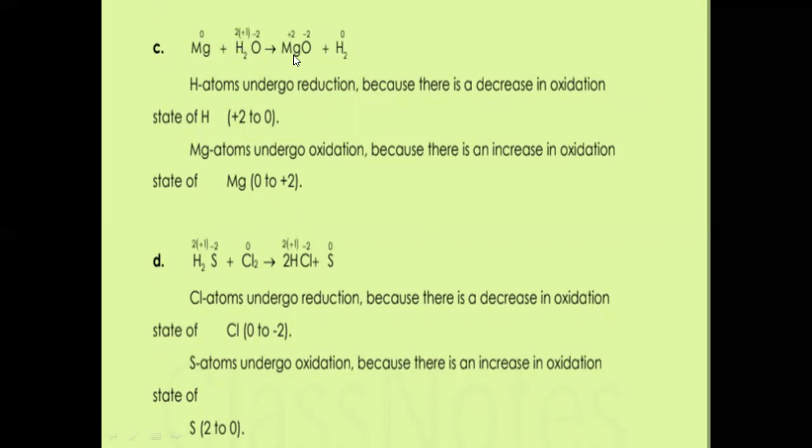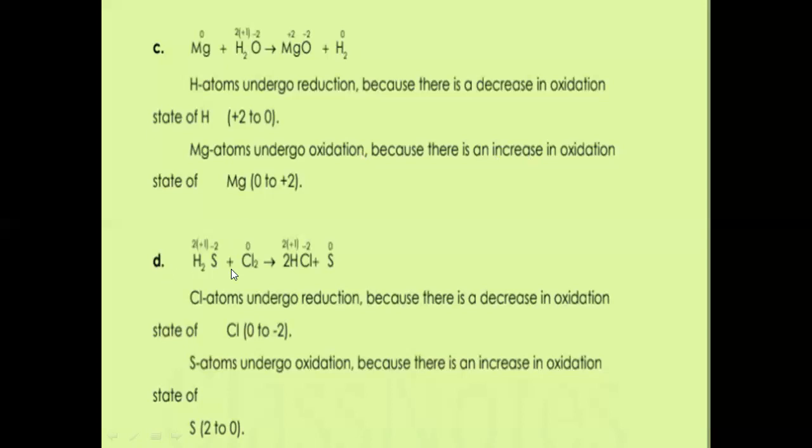Magnesium +2 and oxygen -2. Now hydrogen undergoes reduction because there is a decrease in oxidation state of hydrogen from +2 to 0, and magnesium undergoes oxidation because there is an increase in oxidation state of magnesium from 0 to +2.